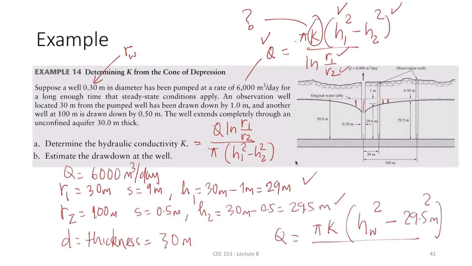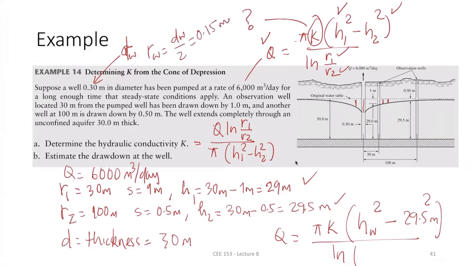And then R1, the radius of the well. The diameter of the well is given, so R of well will be 1 half of the diameter, which is 0.15 meter.